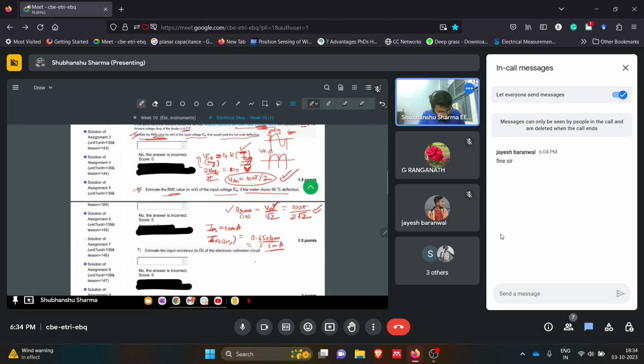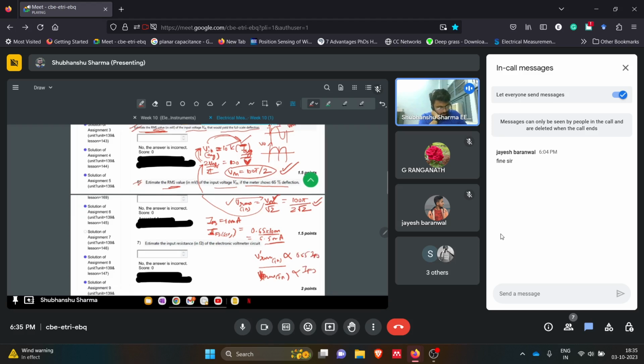So the new RMS value, let's say V RMS prime, is directly proportional to the scale deflection, because this is this, and Vm is this. The initial VRMS is also directly proportional to the current, that is I full scale, and this is 0.65 of I full scale.